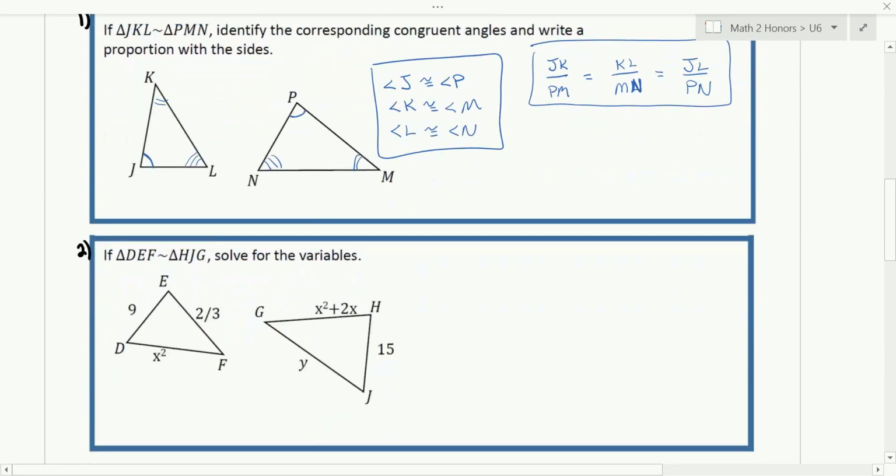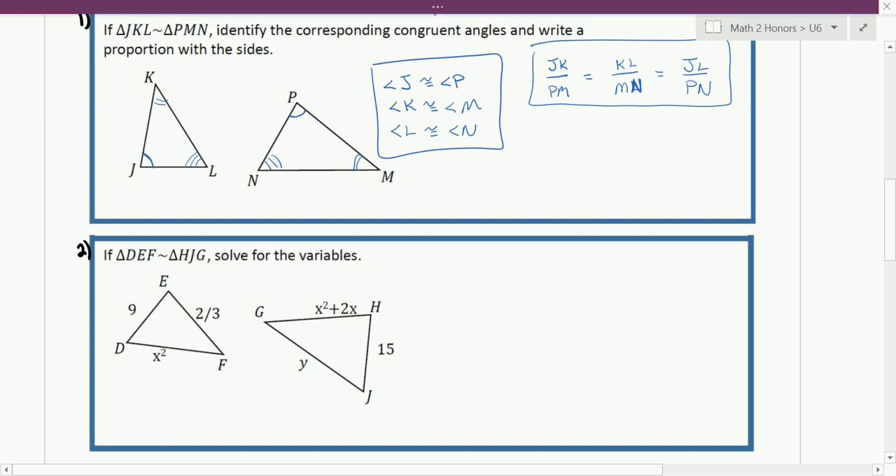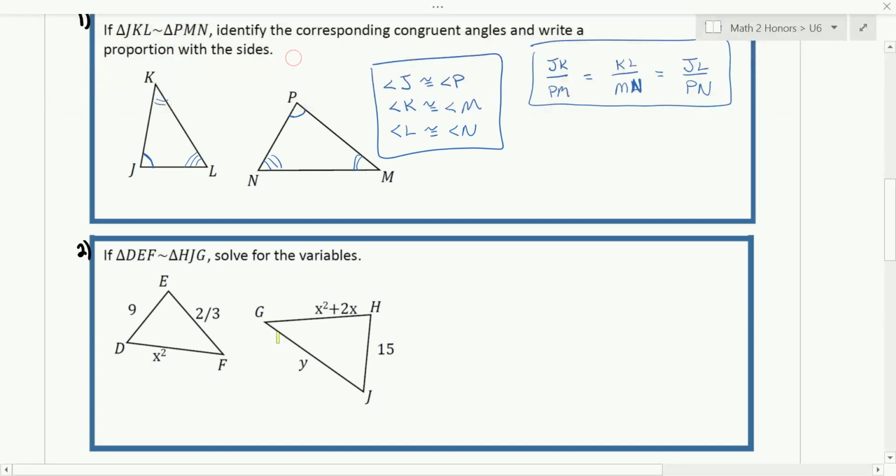Look at number 2. So here I'm saying that the two triangles are proportional, and we need to solve for x and y. So what you want to do here is just be careful what side's proportional to what. So like side y here, or GJ, is proportional to which in the first triangle?